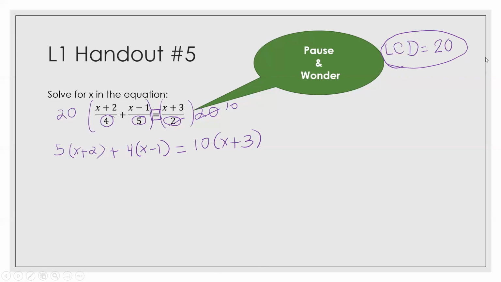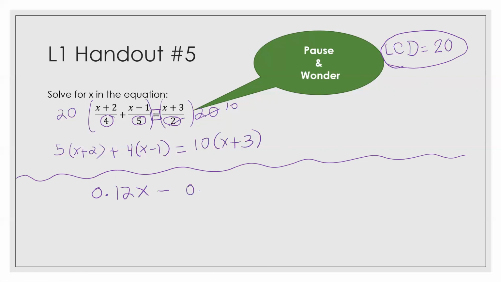Okay, now what I want you to think about after you finish this one is something like this. Say 0.12x minus 0.7 is equal to 3.6x plus 2.15.